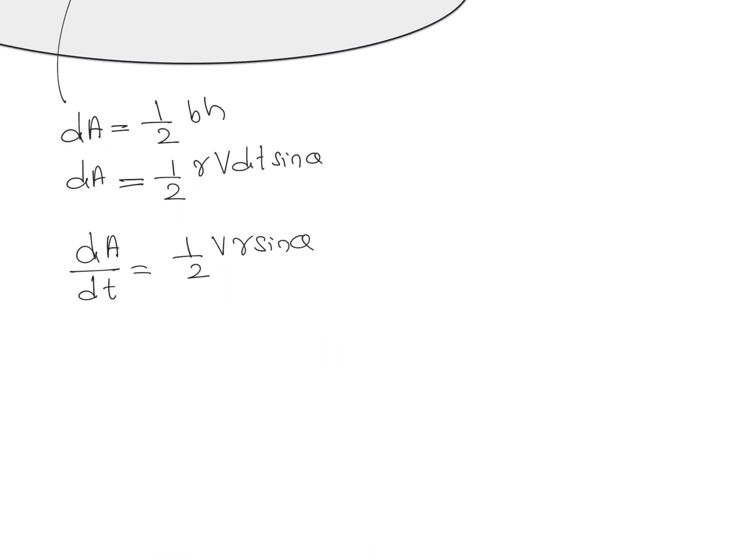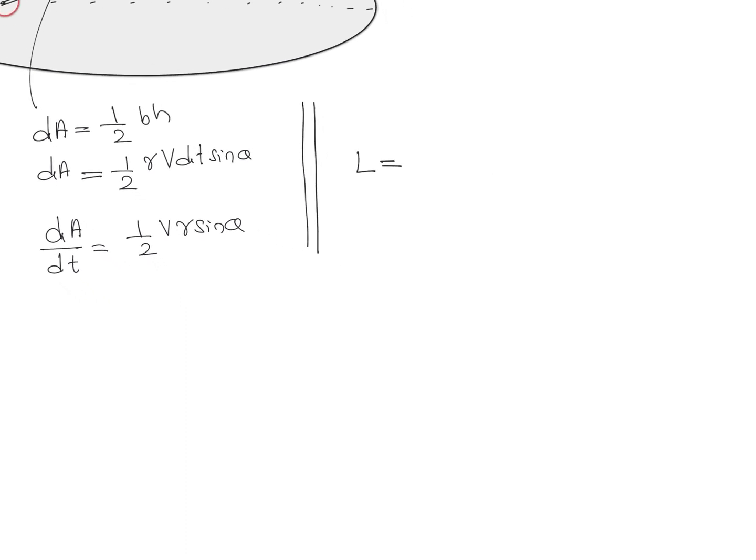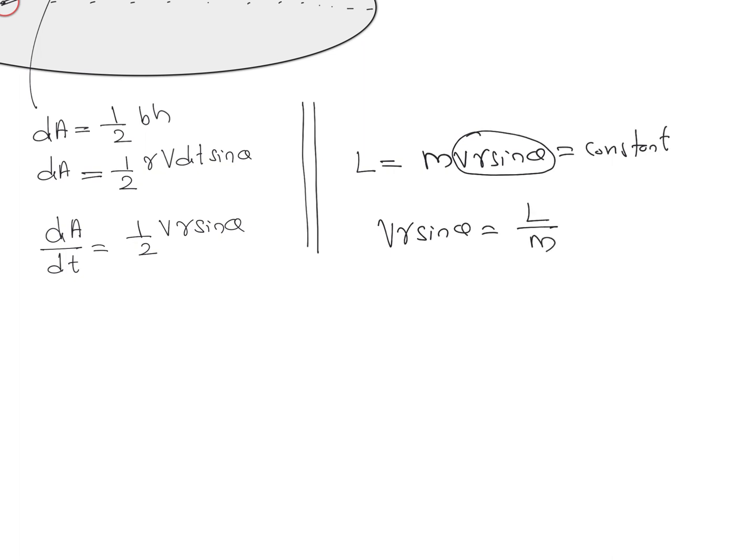In the previous class we discussed conservation of angular momentum, and there we discussed that angular momentum of a planet is going to be a constant, and the equation for angular momentum was m into v into r into sin theta. So as this term is a constant, we can say that V into R into sin theta is going to be angular momentum divided by mass.